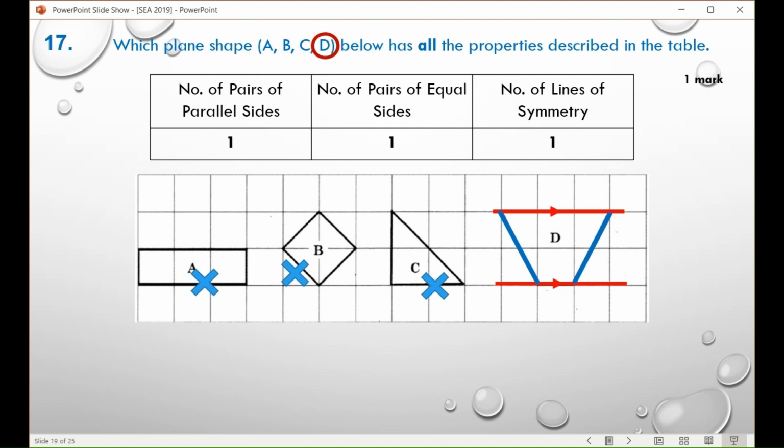That will be a line of symmetry. And we can see this brown line here shows us the line. So this is considered to be an isosceles trapezium. It's an isosceles because it's the same on both sides, right? The same lengths. And it's a trapezium because we have one pair of parallel sides, and it follows those properties.